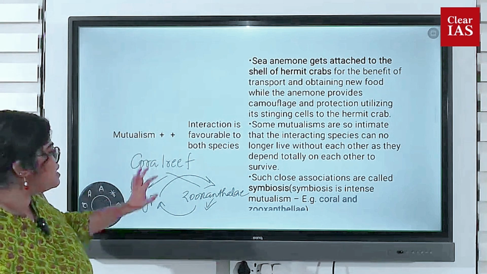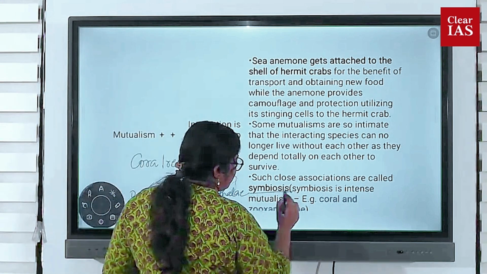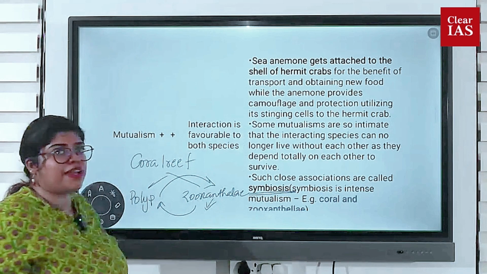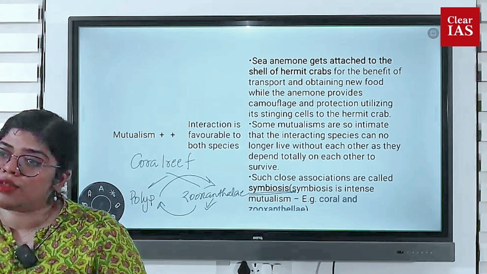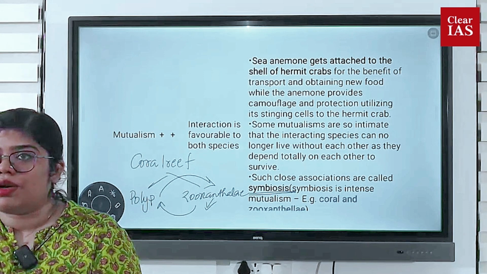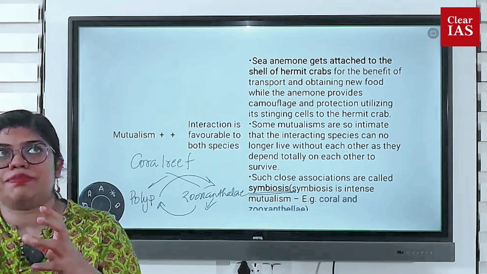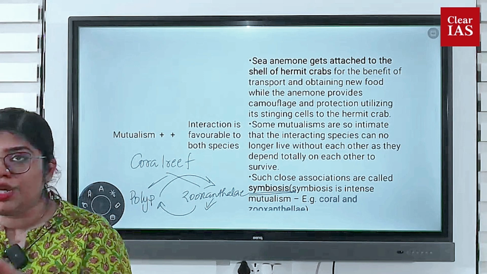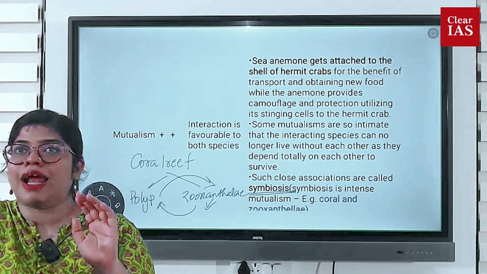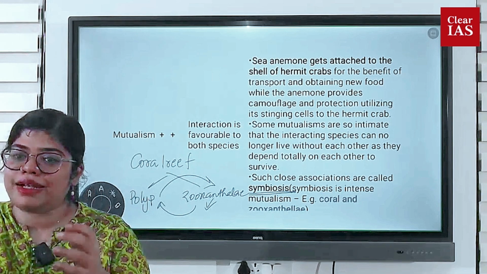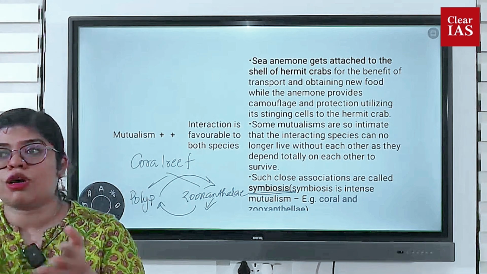And in mutualism itself, there is another concept called symbiosis, where they are so much into each other that if one is removed, the other also dies. I'll give you another example about the crocodile and the bird. Sometimes the crocodile opens its mouth and sits like that, and the bird comes and picks things from the crocodile's mouth.